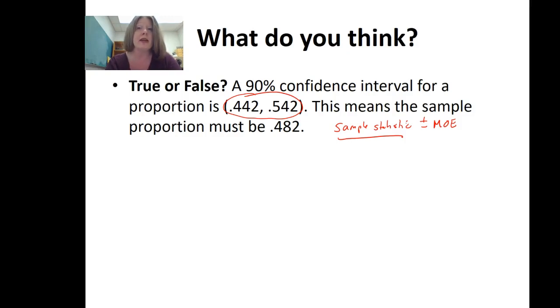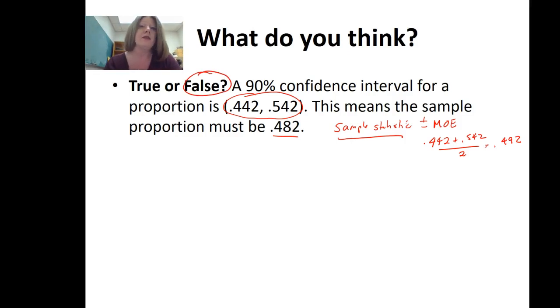So if you are given an interval, you can actually work backward to figure out what the sample statistic must be because it has to be right in the center of the interval. So to find the sample statistic here, I simply average 0.442 and 0.542 to get what's in the center. And if you do that, you're going to end up getting 0.492. So obviously 0.492 is not 0.482, so this would be a false statement.